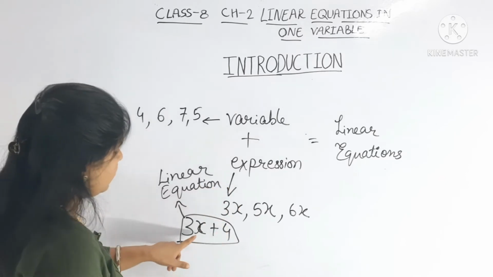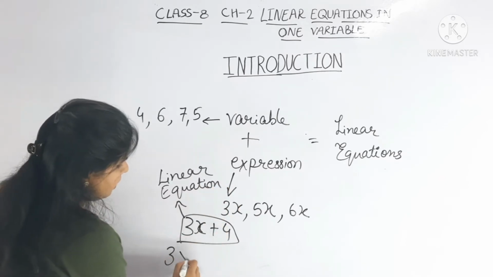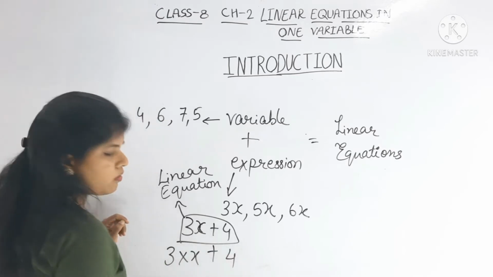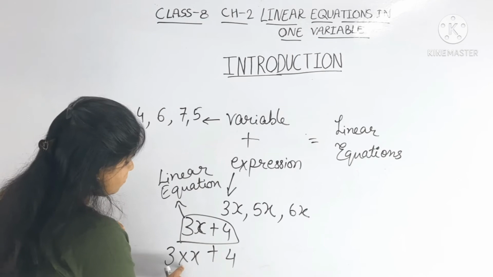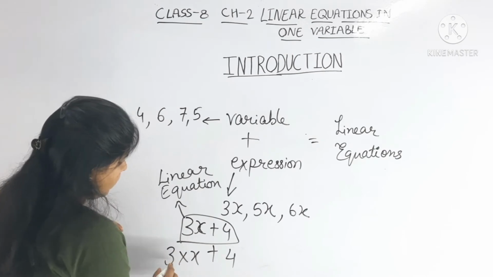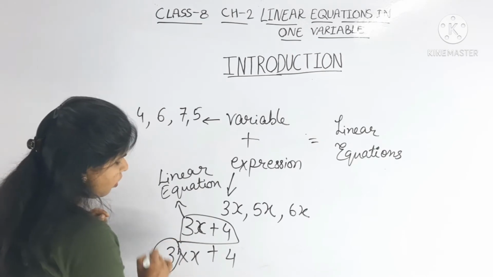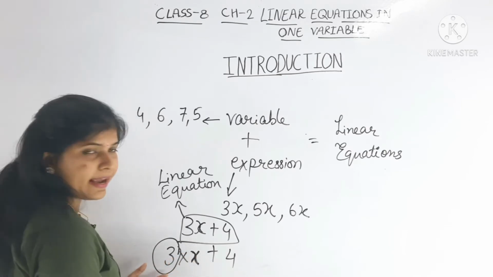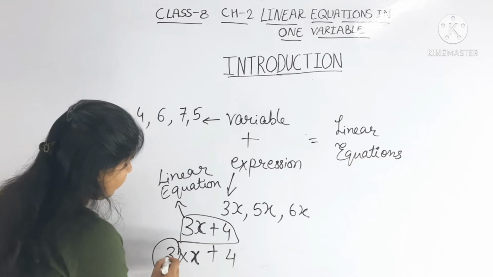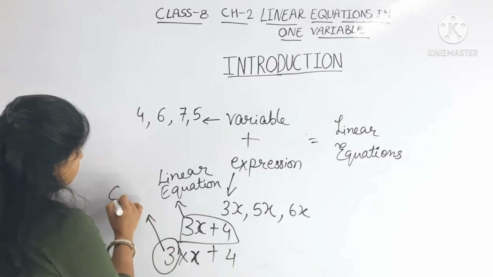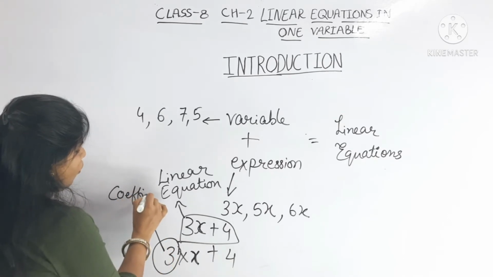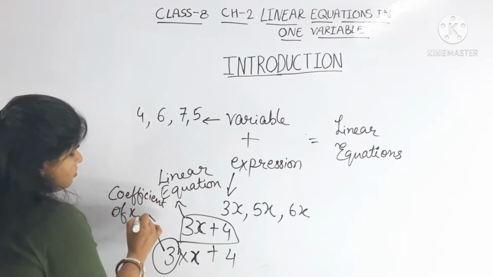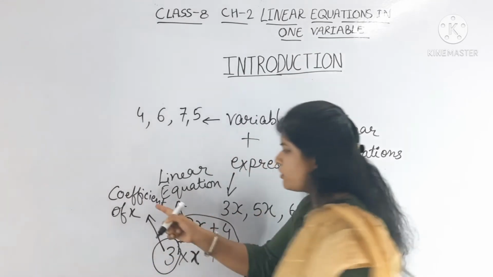Here 3x means 3 multiplied by x, then plus 4. And here 3, which number is before x? You can call it the coefficient of x.